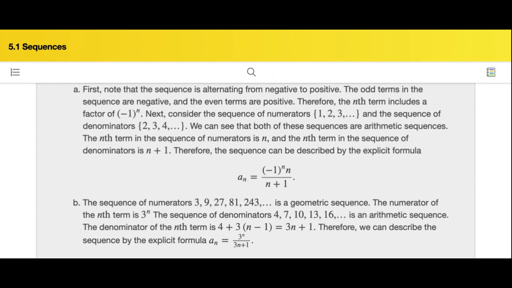So if an arithmetic sequence can be represented by a linear function, and a geometric sequence can be represented by an exponential function, why do we even bother to make sequences? This is one of the advantages of sequences, because with function representation, we won't be able to do this, right? The nth term will be two functions.